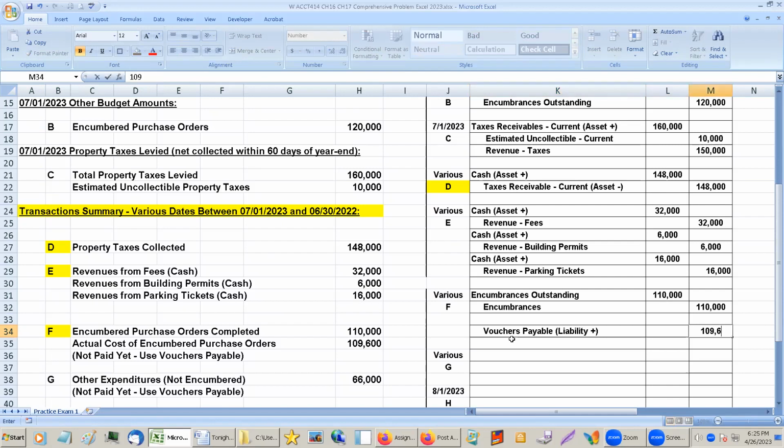$109,600. Okay. What's going to go on the other side? The expenditures, but we don't know what it's for. Exactly. Well, truthfully, we would probably want to know what they're for, but they all are just expenditures.